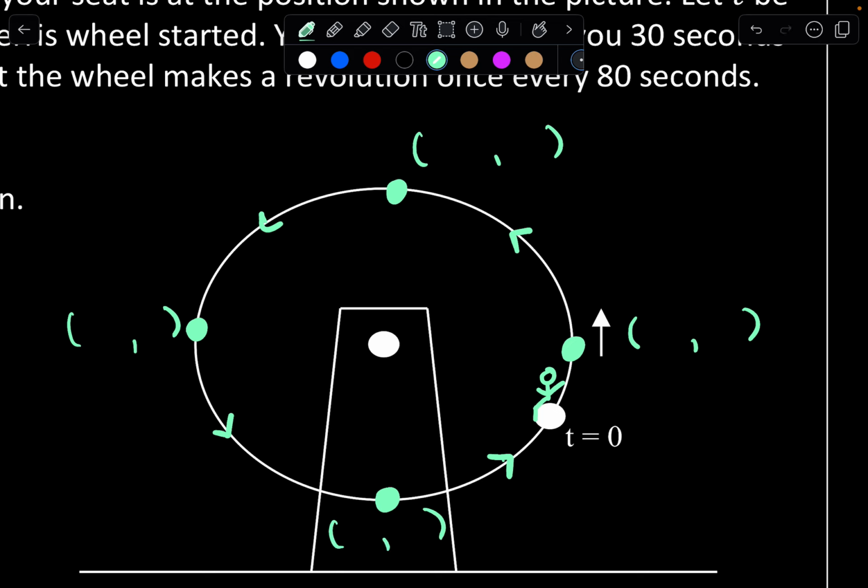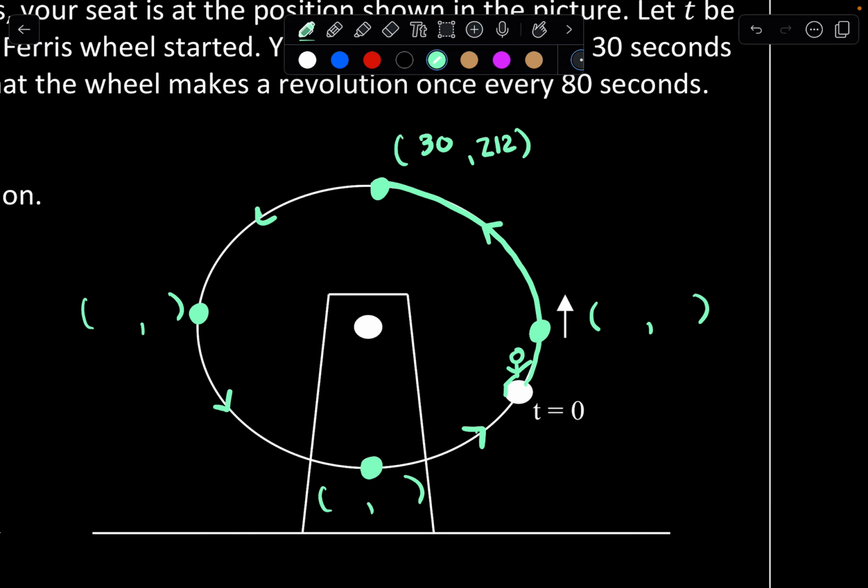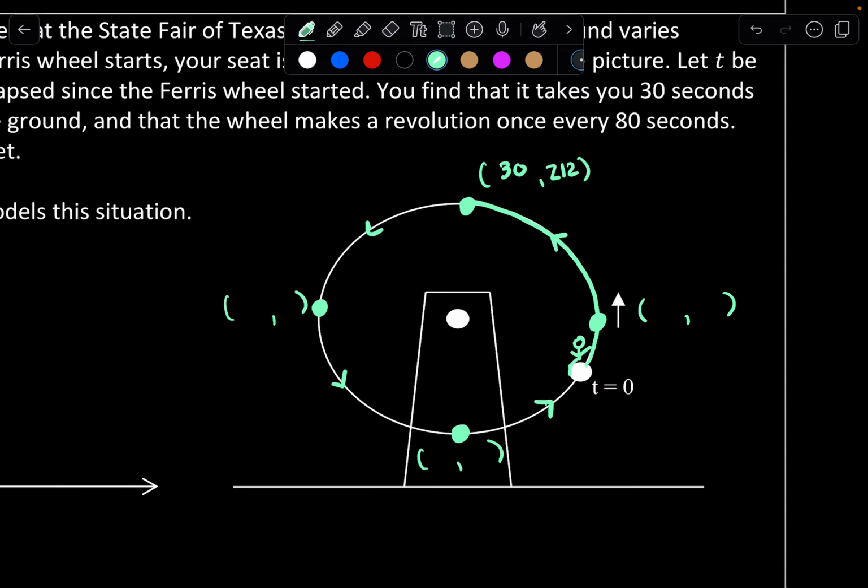All right, so we are told that you reach the maximum height of 212 feet after 30 seconds. So from here, we're rotating around, and you reach that maximum height after 30 seconds. We're also told that it makes 1 revolution every 80 seconds, and we'll use that a little bit later. And then we're also told that the diameter of this wheel is 200 feet, okay?